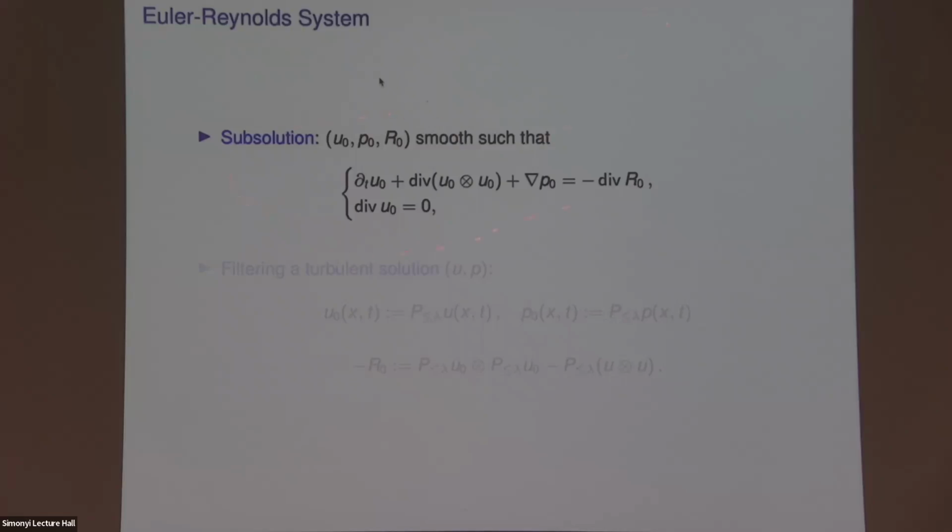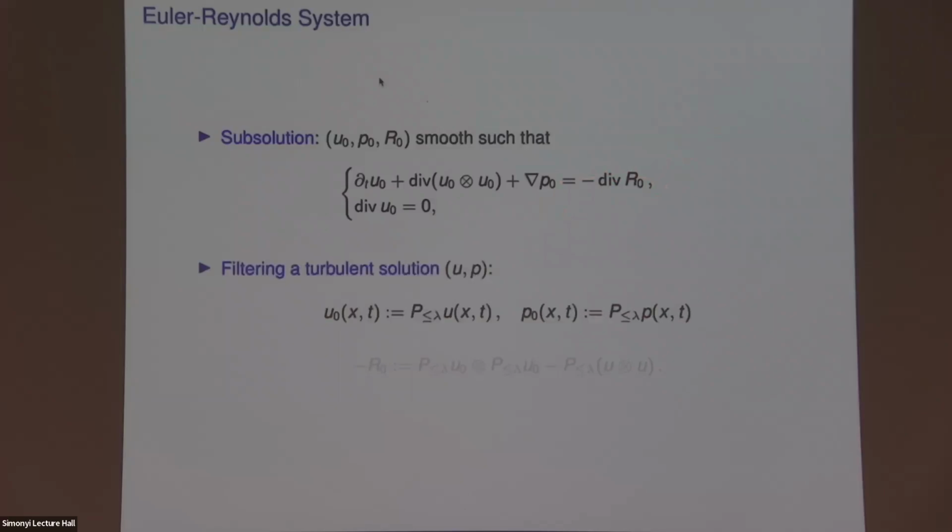So we essentially relax the problem. So instead of Euler, we study this system, which is nothing but Euler with a remainder, with an error term, and we encode the error in a tensor, the Reynolds stress tensor, and we write it as a divergence of this tensor.